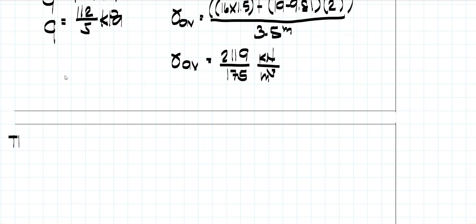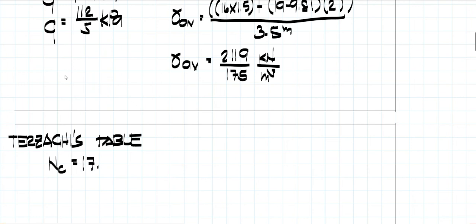So for the Terzaghi's table, from our previous sample problem, yung nakuha natin doon na bearing capacity factors are Nc, which is equal to 17.7, tapos yung Nq, which is equivalent to 7.4, and yung N gamma, which is equivalent to 5.